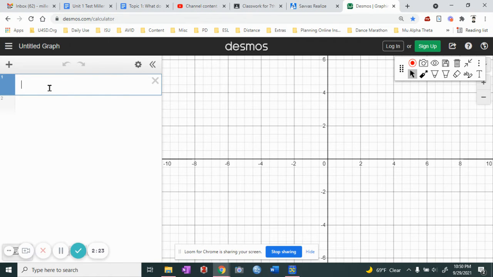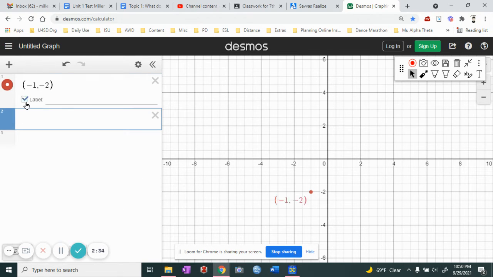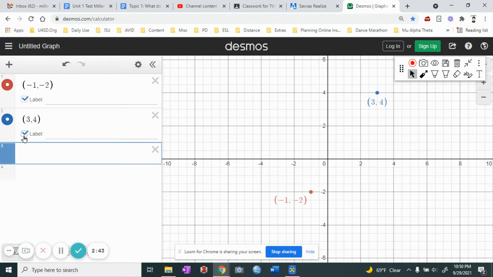So on the side here, I am going to plot the point (-1, -2). Do you see that show up on my graph? I'm going to label that. And I am going to plot the point (3, 4), and again, label that.